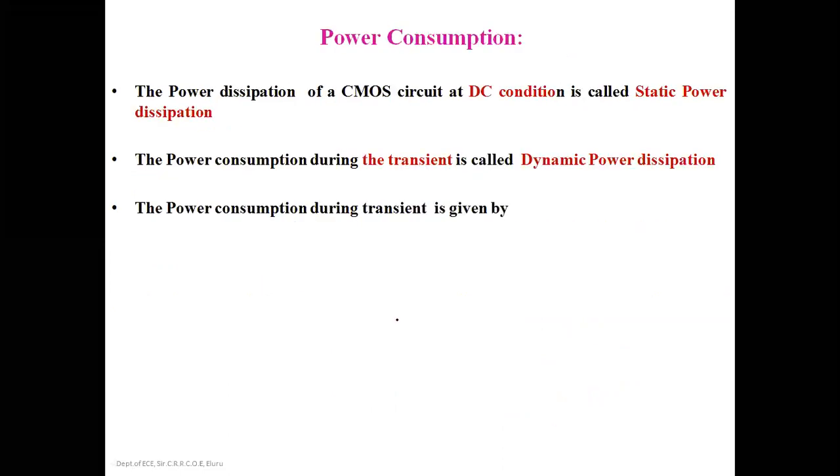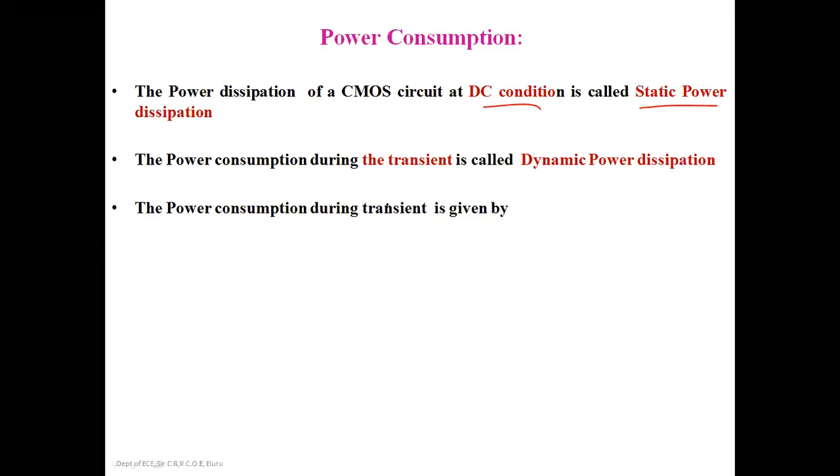Next one. The power dissipation of the CMOS circuit at DC condition is called the static power dissipation. What do we mean by static power dissipation? When the output is at a fixed state, and you determine the power dissipation at that condition, the power is known as the static power dissipation.